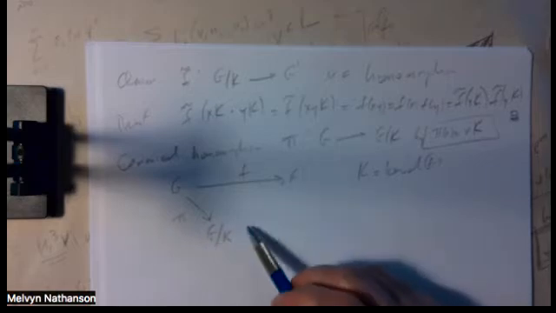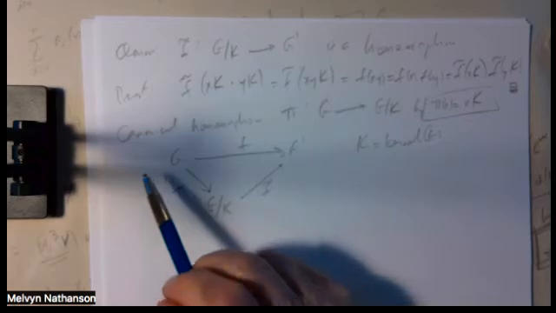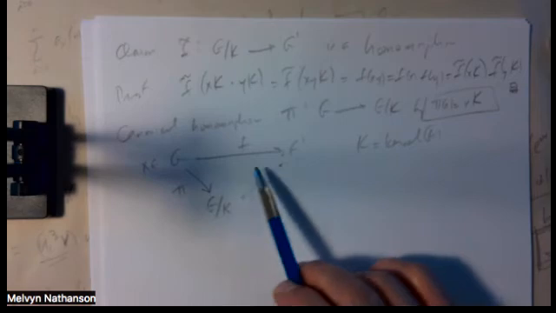And from G mod K to G prime, I have this new homomorphism I just constructed, f tilde. So if you take an element x in G, you can go to G prime directly under f, or you can take this path through G mod K. And I claim no matter which path you take, you always end up in the same place.